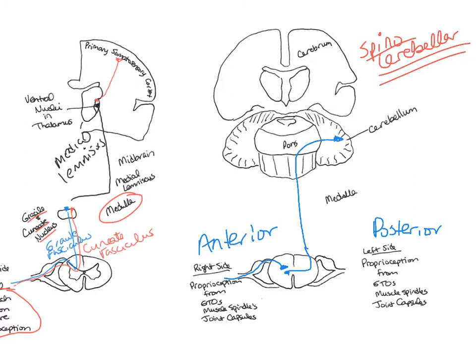Okay. So the posterior one, we're going to see this sensory neuron brings in the information. It's going to synapse onto the second order neuron. The second order neuron is going to go up the spinal cord, up the brainstem, and it's going to go to the cerebellum. What do you notice here that's different from the other ones?